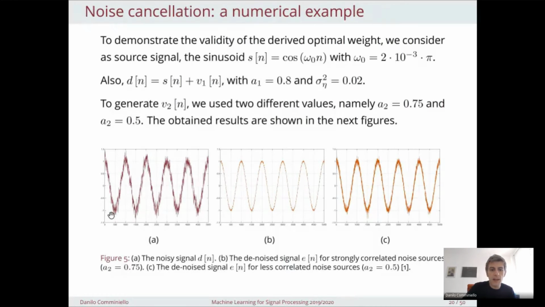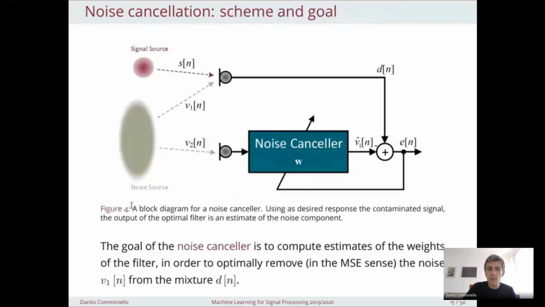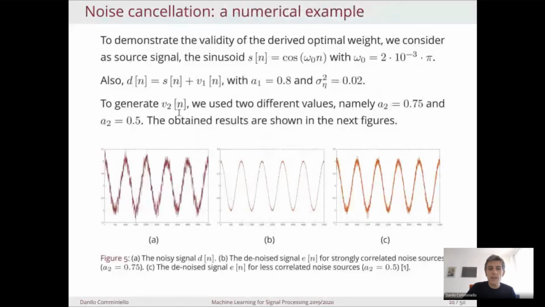So given a noisy signal, a signal that is captured by the microphone here, you have the output, the error signal, which is a denoised signal from the correlated source.